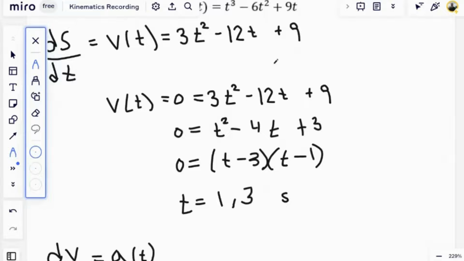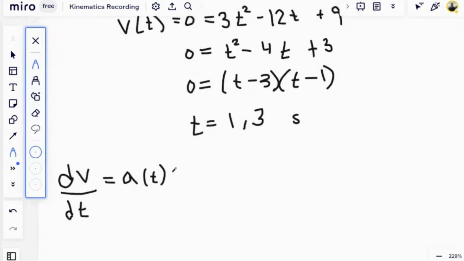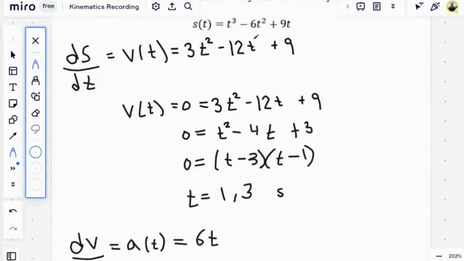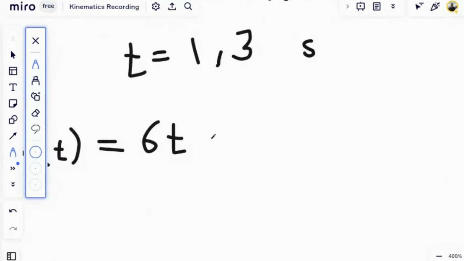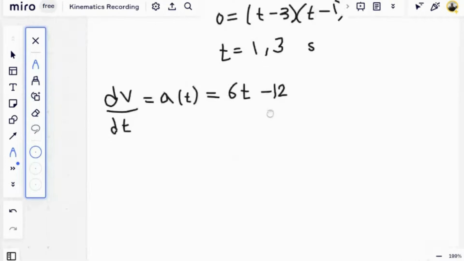If we take the derivative of our velocity equation, that first term is just going to turn into 6t. The second one is just going to turn into 12. And the plus 9 at the end is just going to go to 0 because it's a constant value.